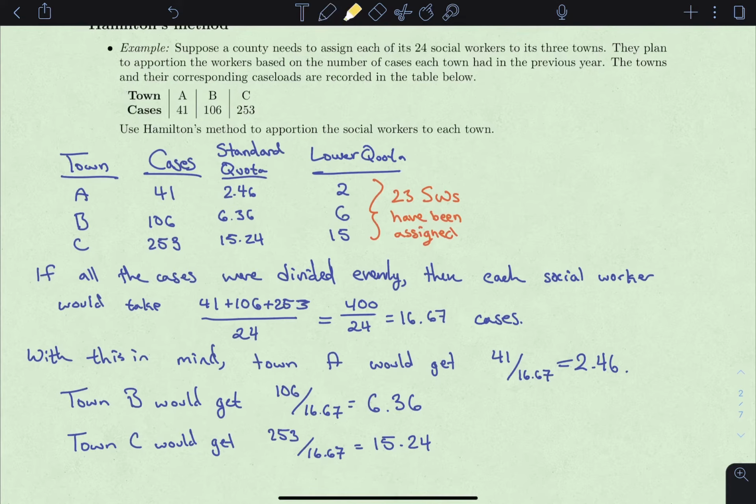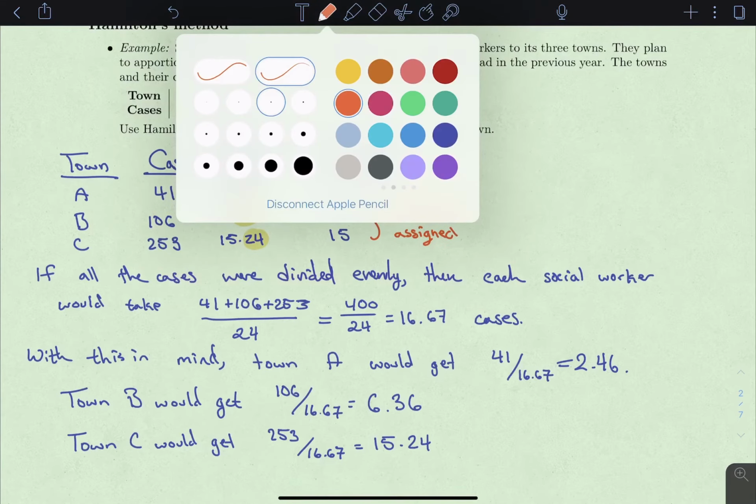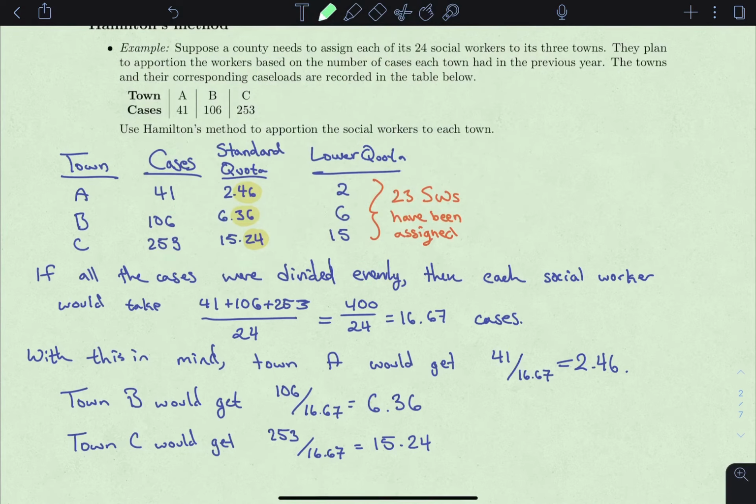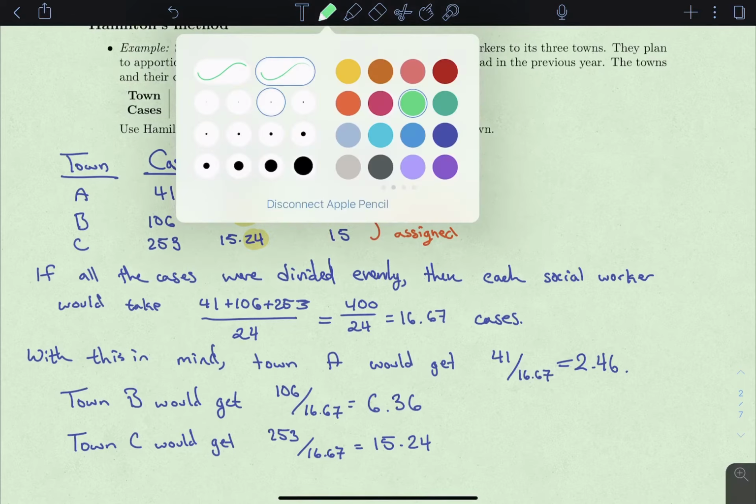And the way that Hamilton's method works is it looks at the decimal part in the standard quota column and says, who has the biggest decimal part? And you just read off, the 0.46 is larger than 0.36, and the 0.46 is larger than the 0.24. So town A gets the remaining social worker.